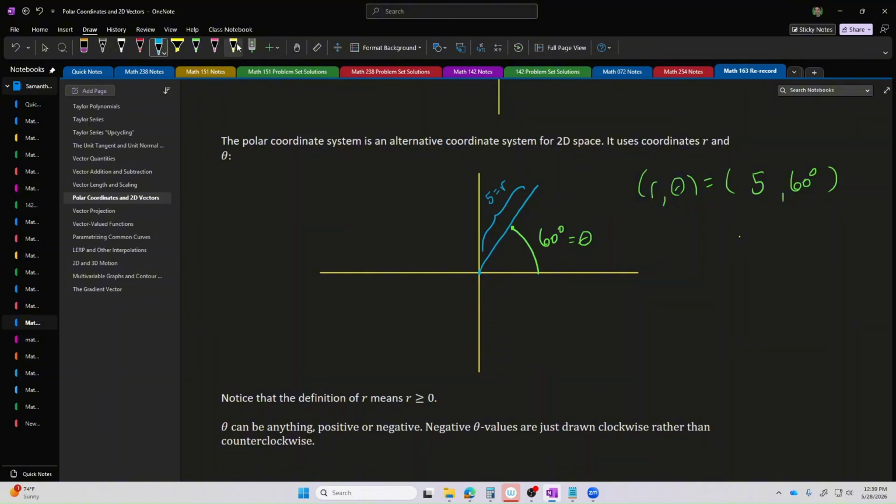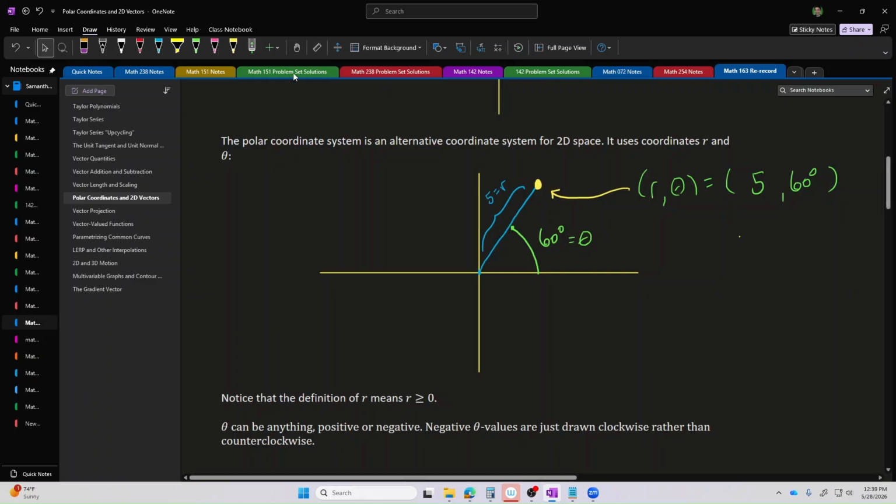The point that I reach by moving 5 units along the direction corresponding to this angle is the location described by r equals 5 and theta equals 60 degrees.